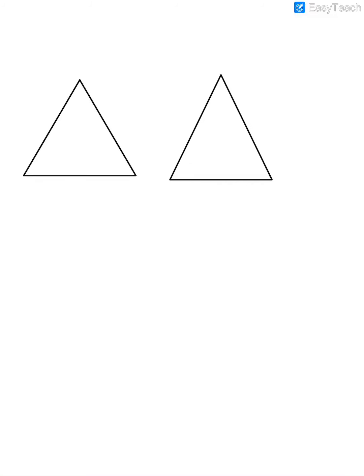Okay guys, now first thing, what do you mean by congruent triangles? Say for example here I've got a triangle ABC and there is another triangle PQR.